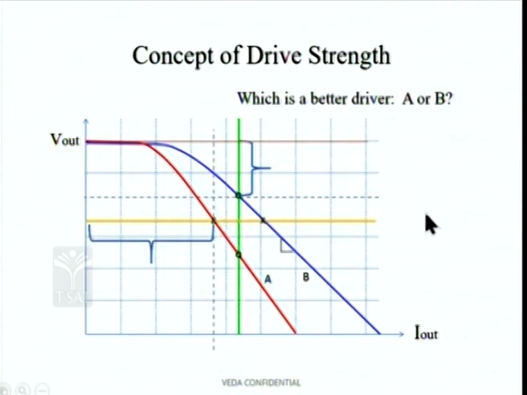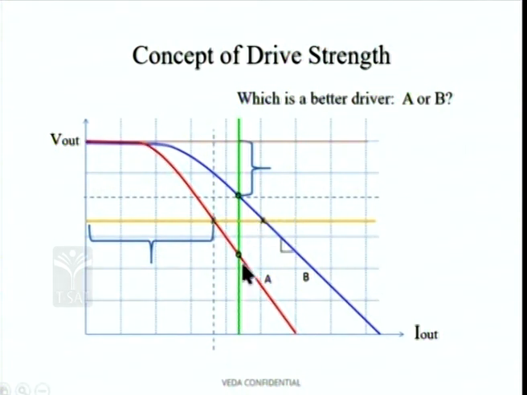If you draw a horizontal line, it means that for any given output voltage, this much amount of current is provided by driver A, whereas driver B will provide up to this much amount of current. Therefore, driver B is able to drive a larger current than driver A for a given output voltage. This is how the horizontal line explains the thing.